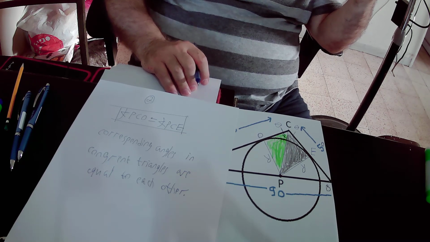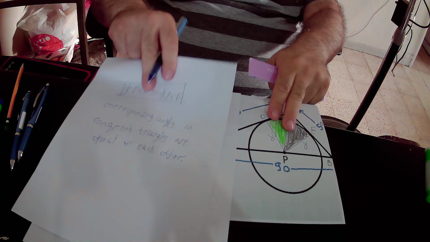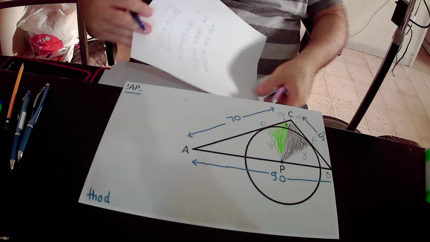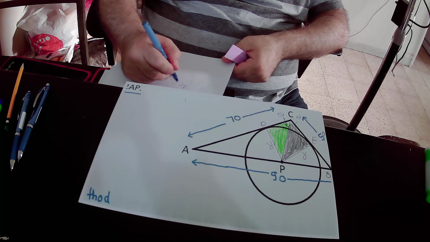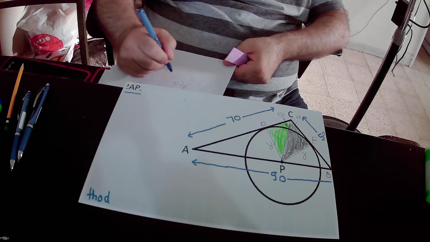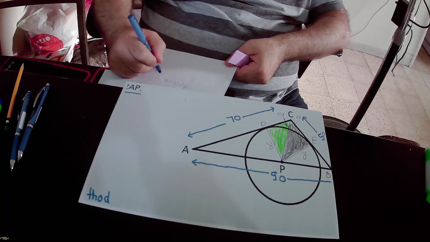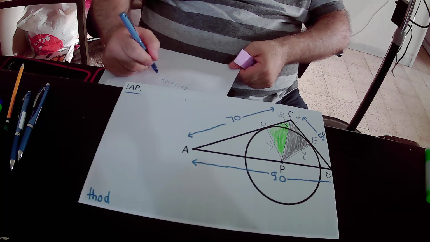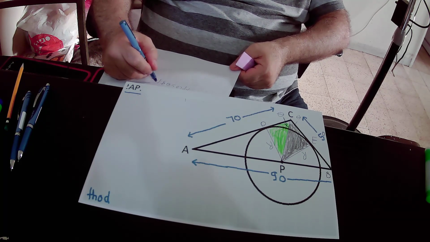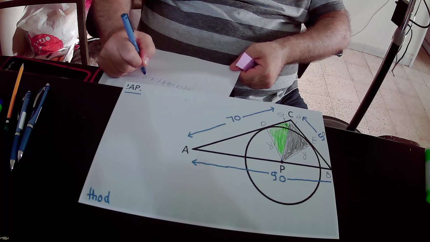Okay, I write it down. Angle PCO in the green triangle equals theta, so this angle also equals angle PCE in the black triangle, that equals theta.